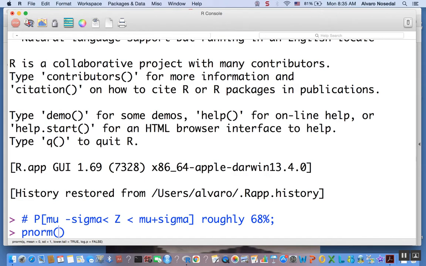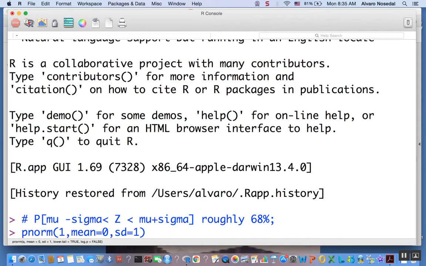Note that by default pnorm is going to be assuming that you are interested in a standard normal, meaning a normal with mean 0 and standard deviation 1. Let me be, in this case, very specific: mean 0 and standard deviation 1.